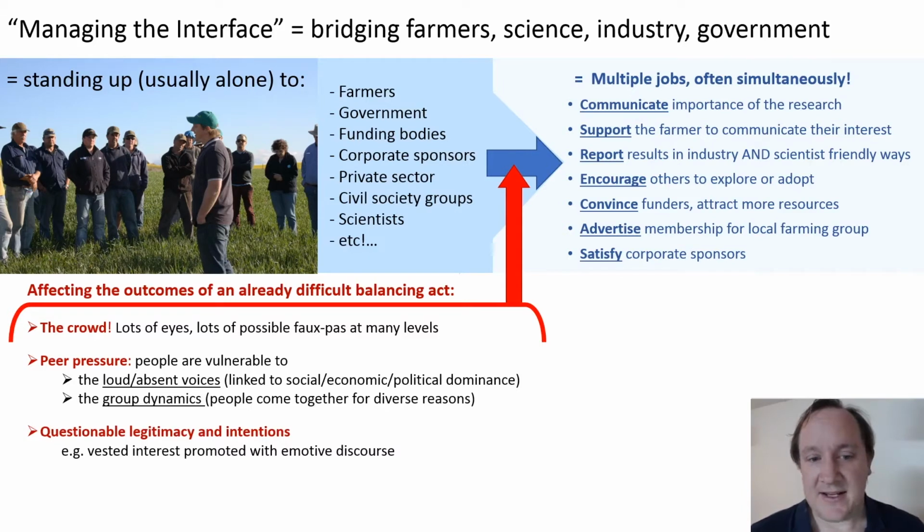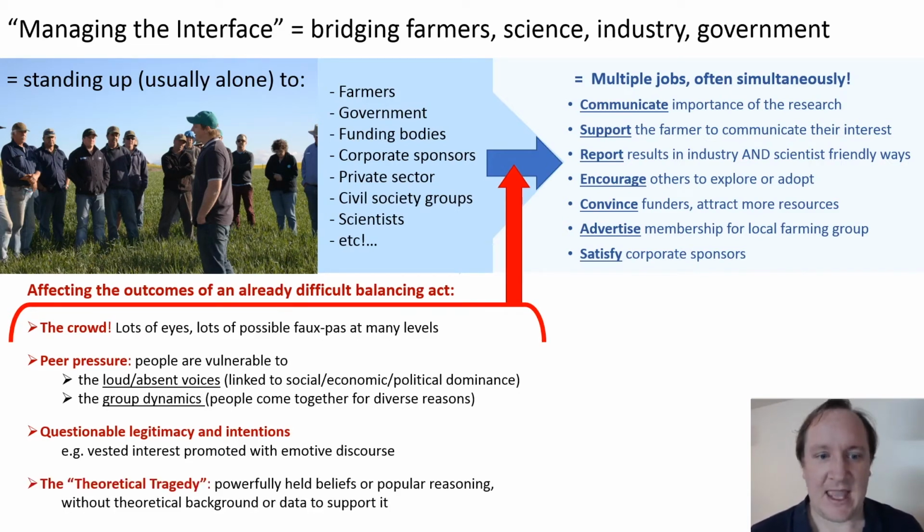So then there is those occasions where we've all been in them, where there's some questionable legitimacy and intentions amongst some members of the crowd. And that often manifests itself in things like a vested interest promoted with emotive discourse, which seems to take over everything that you're talking about. And then there is the theoretical tragedy.